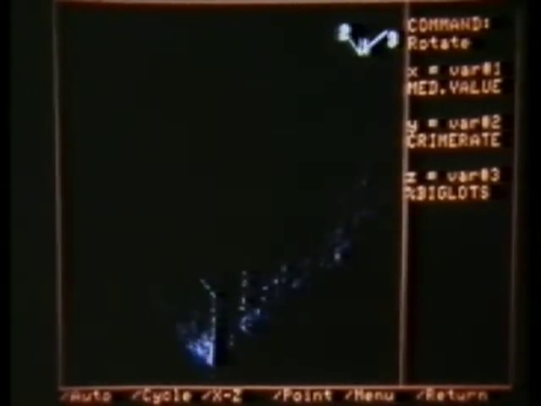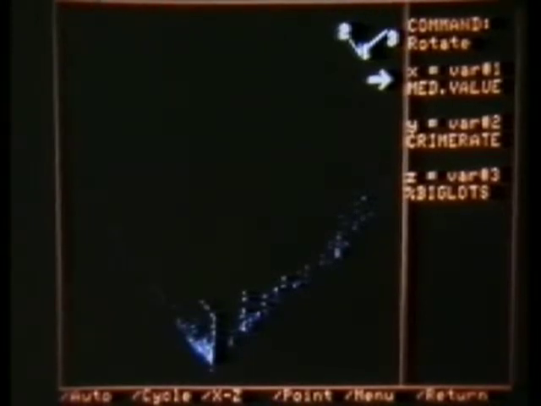We can tell which directions in the scatter plot correspond to which of the three variables by looking at the coordinate axes in the upper right corner of the screen.